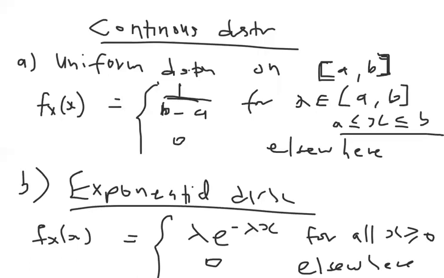We have several types of discrete and continuous distributions, but I'm going to limit myself to what was taught in the class. The third type of continuous distribution is the normal distribution, and the normal distribution is very, very important in statistics.